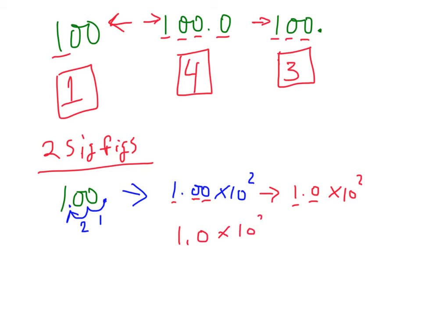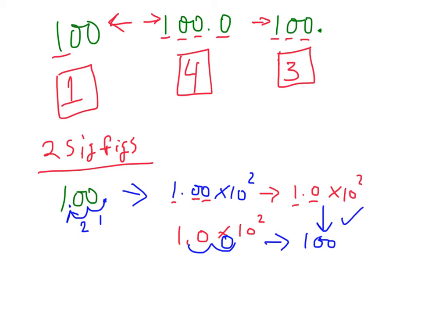That times 10 to the second, we can undo that. We can go 1, 2, and fill in that little well with another 0. When we do that, we change it back into standard form, and we get 100. You drop the times 10 part off. So this does equal 100. Those are equal to each other.